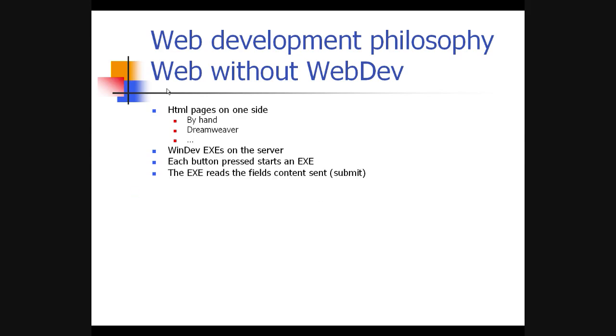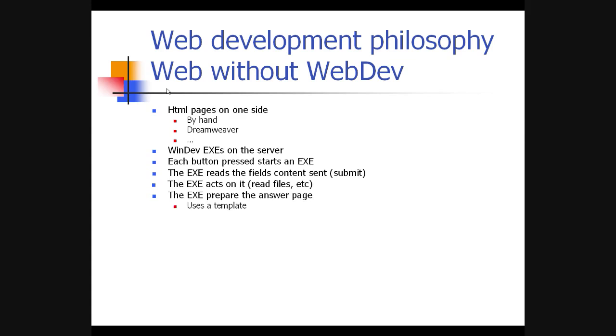So the executable would start, then read the field content sent by the submit in the HTML code, and of course based on that it would do what was expected of it, read files, extract data, and so on. Then it would prepare the answer page, which of course is also an HTML page.